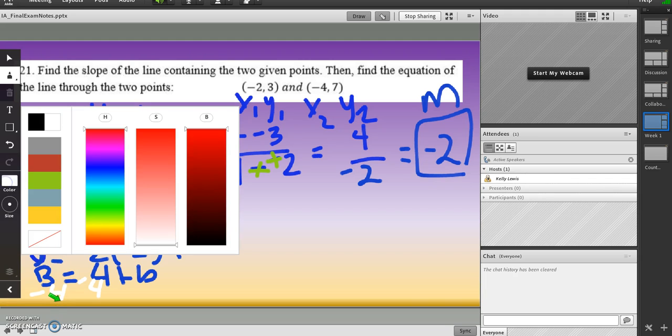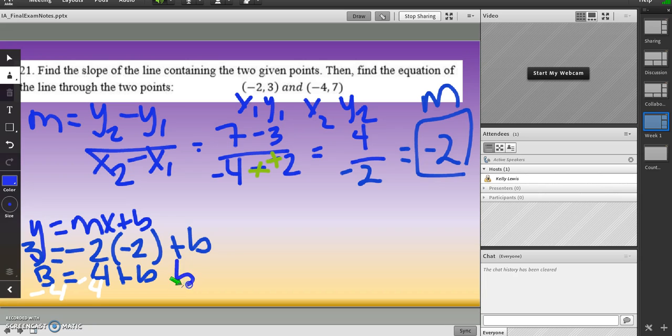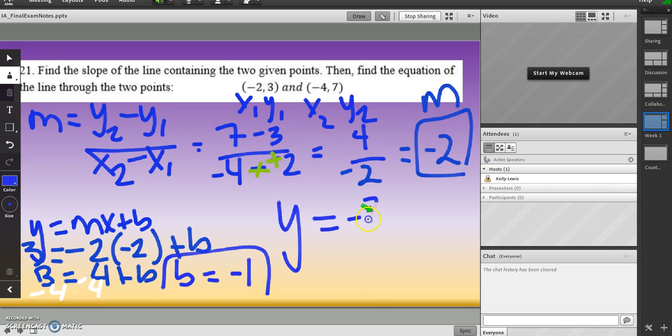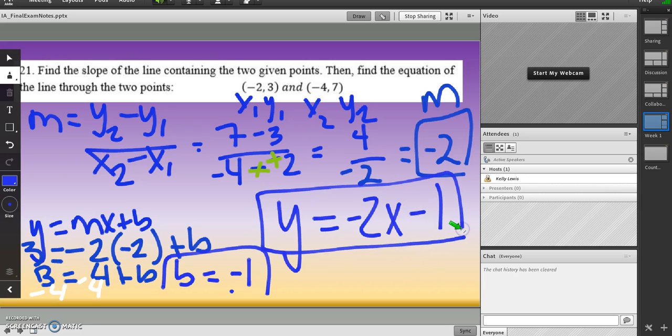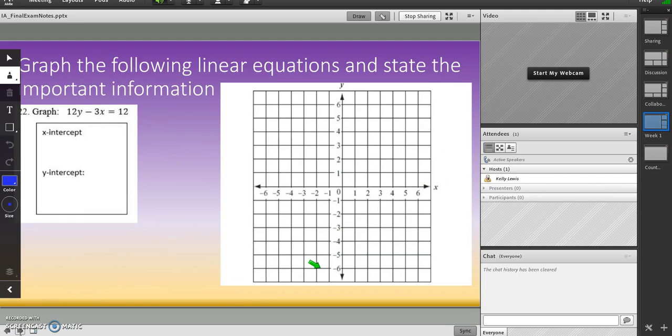So I get 3 minus 4, which is negative 1. So that's my y-intercept. I can write plus negative 1 if I wanted to, but minus 1. So that's the equation of the line: y equals negative 2x minus 1.